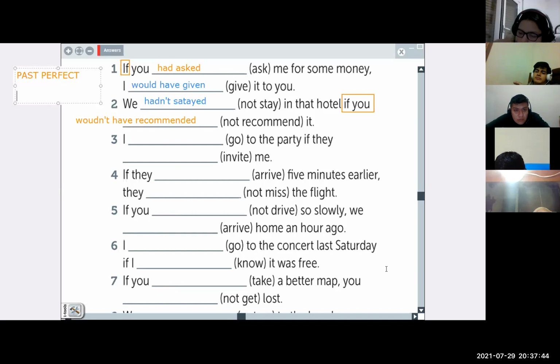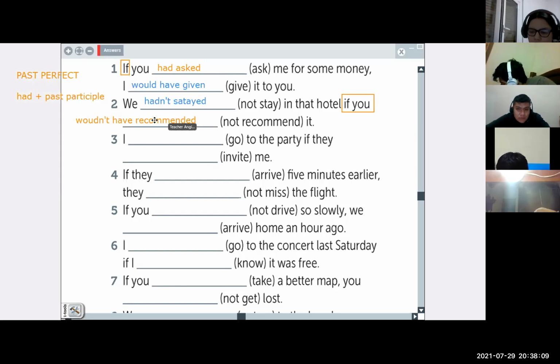Had, right? Ok. Y después de had, ¿qué tenemos? Past participle. Ok. Entonces usted tiene que hacer lo mismo aquí, en este ejemplo.